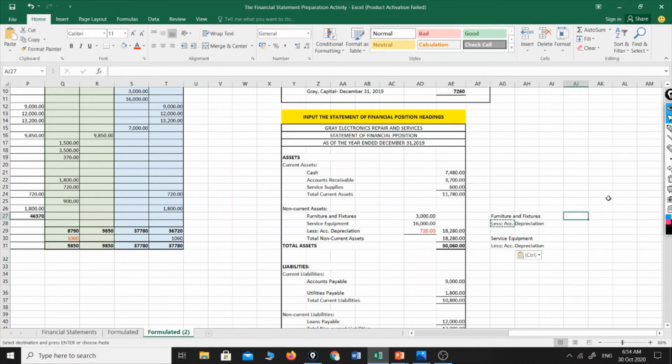So for example, we have 100,000 for furniture and fixtures, and for its accumulated depreciation, we also have, for example, 25,000.